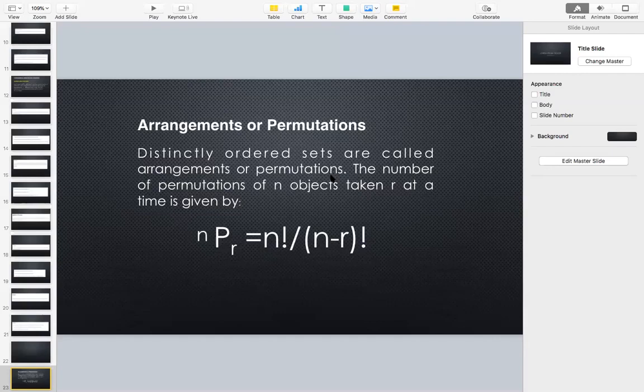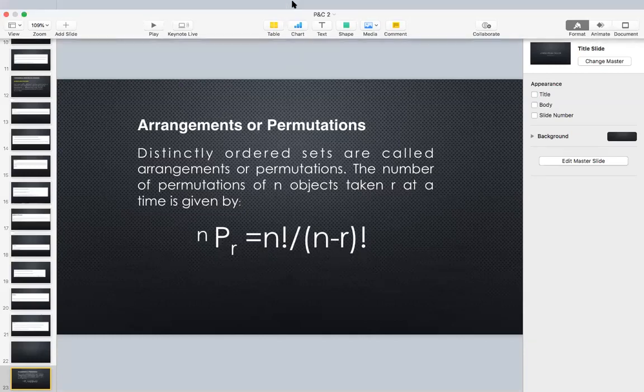But if I want to select two students in such a way that the first one will be made the monitor of the class and the second one will be made the vice monitor, now the order becomes important. And whenever you read a question and find that the order is important, you will always go for permutations.